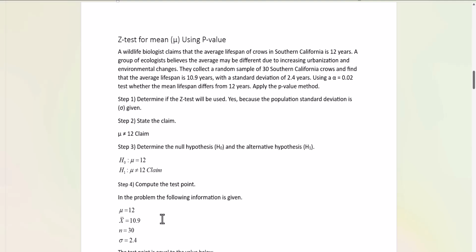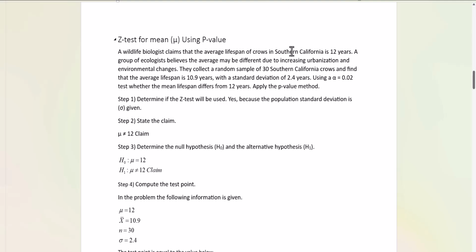We also could perform the z-test using a p-value. In this problem, it states a wildlife biologist claims that the average lifespan of crows in California is 12 years. A group of ecologists believes that this average may be different due to urbanization and environmental changes.